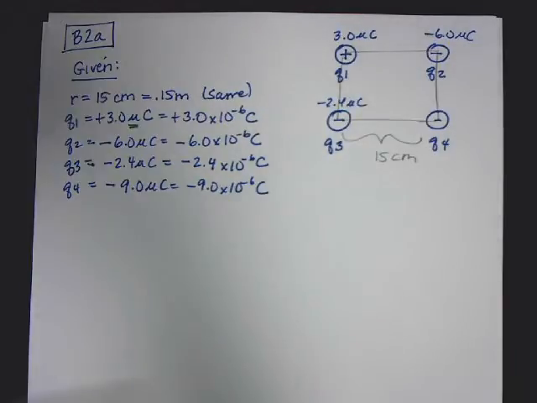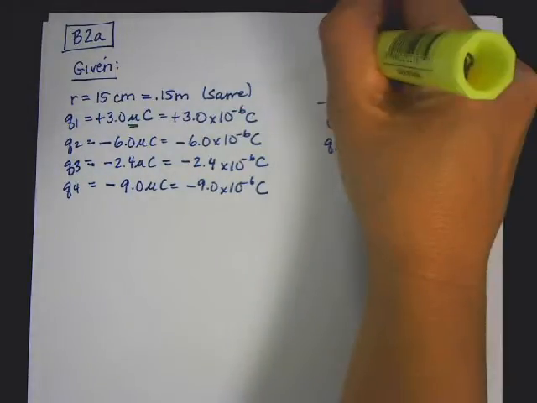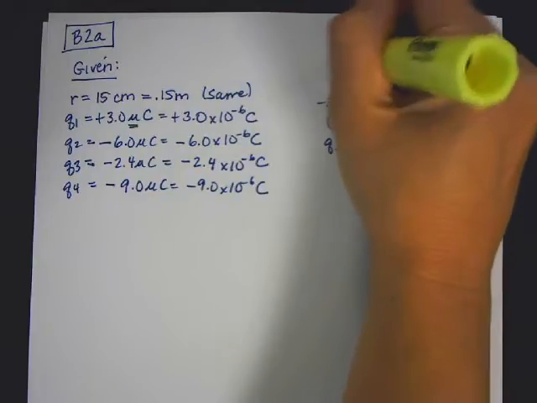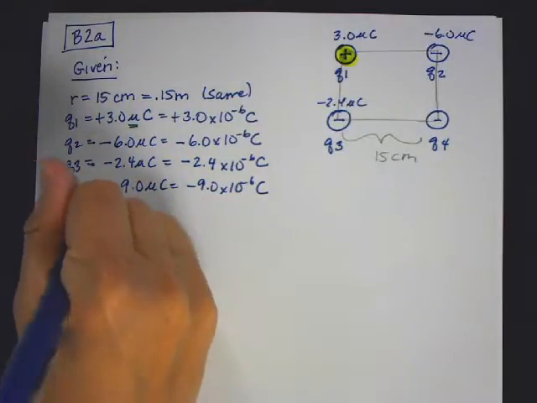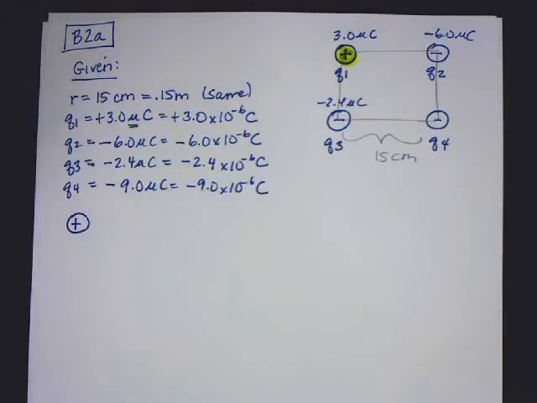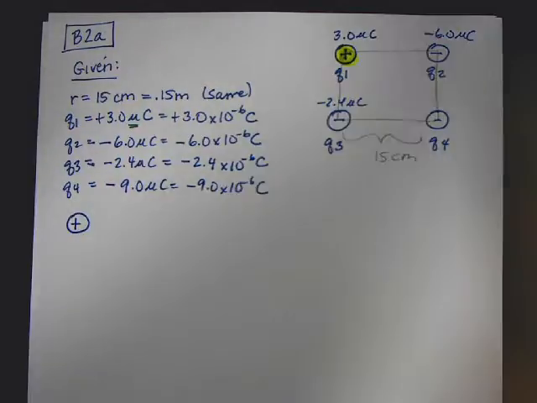So this is the 3 coulomb charge. Now I'm going to say to myself, what is the net force? I'm going to draw myself a little picture here. Here's my charge, and now I'm going to ask, what are all the forces acting on this?